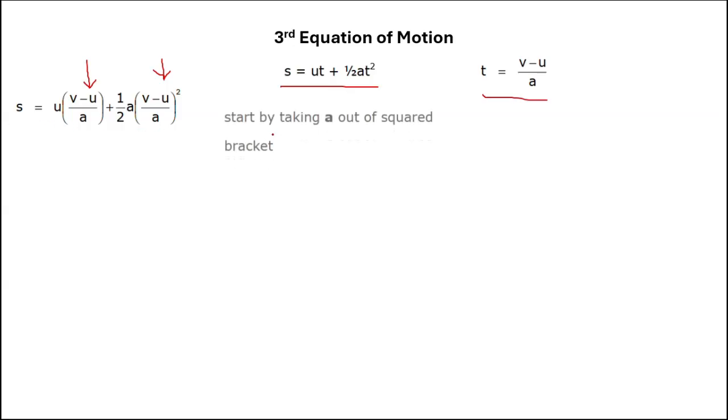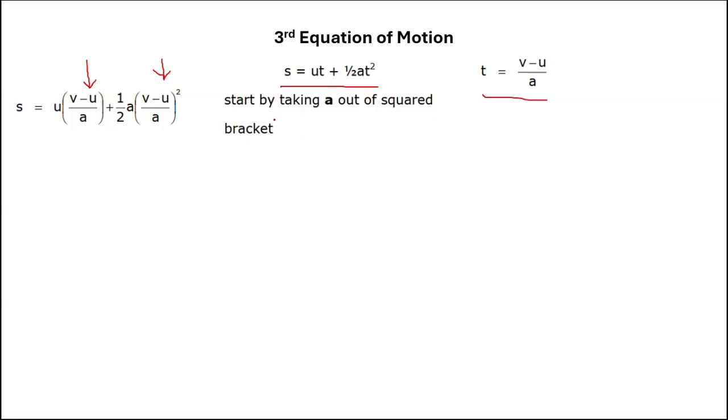We will start by taking a out of the squared bracket. Here we have a, so we will take it out. Simplifying, we get s is equal to u times v minus u divided by a, plus half into a times v minus u square divided by a square. We have just separated out a.